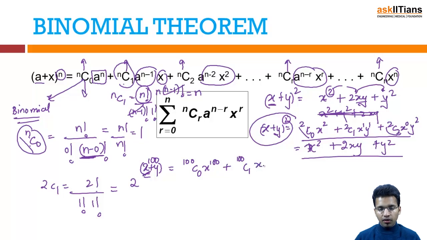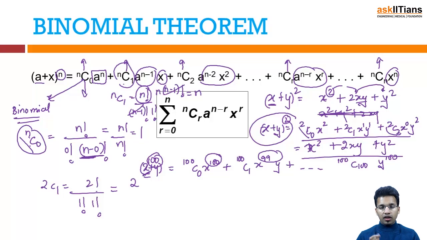The power of x will decrease, to x raised to power 99, and y comes in. The key thing to note here is that the overall power of the variable terms is the index only. So we start from 0 till full, and the sum of powers always remains that. So it will end like this: 100C100 and y raised to power 100.